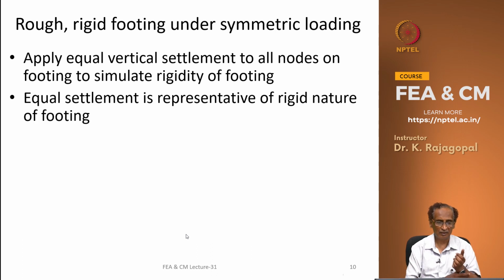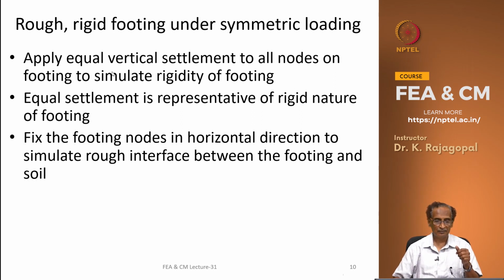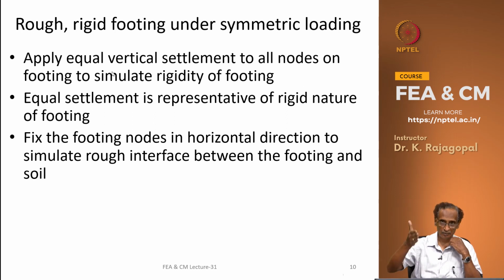And then we can also have a rough rigid footing, wherein our footing is perfectly bonded with the soil, and once again the rigidity of the footing is simulated by applying equal vertical displacements to all the nodes on the footing, and then we fix the nodes on the footing in the horizontal direction, so that the nodes are forced to move only in the vertical direction, and this is to simulate the rough interface between the footing and the soil.